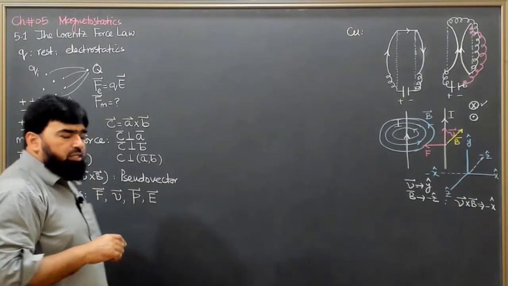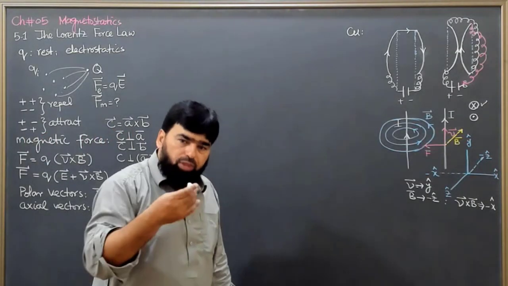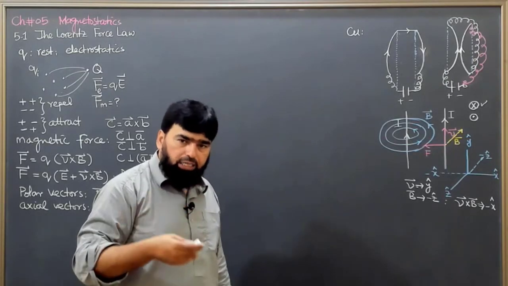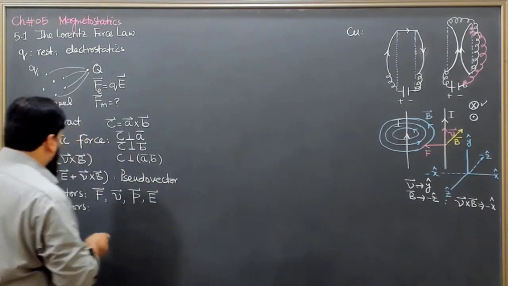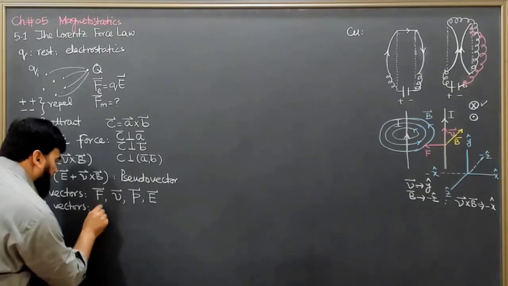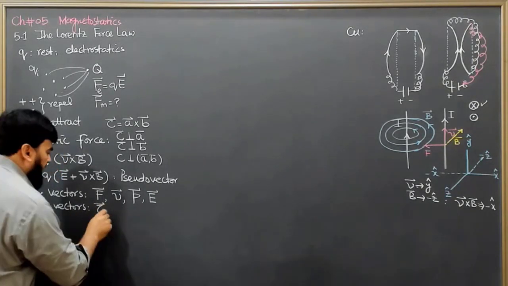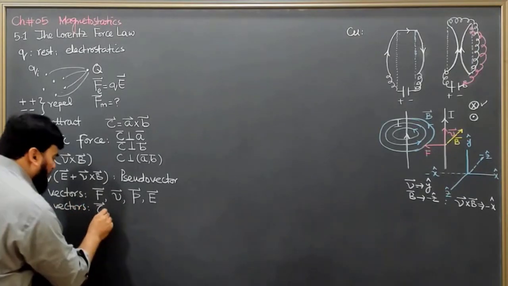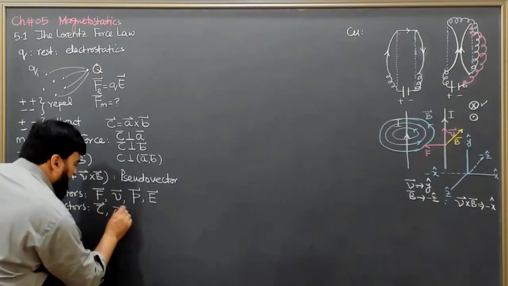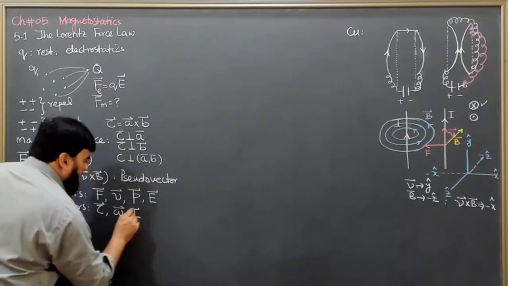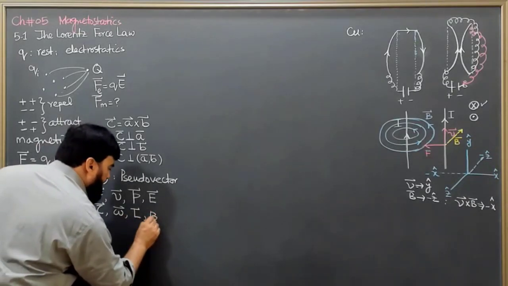They are the result of some rotation or action. For example, for force we have torque, which is a pseudo vector, not the actual or polar vector. Omega, then the angular momentum and the magnetic field.